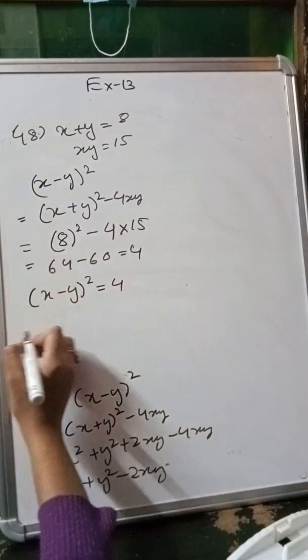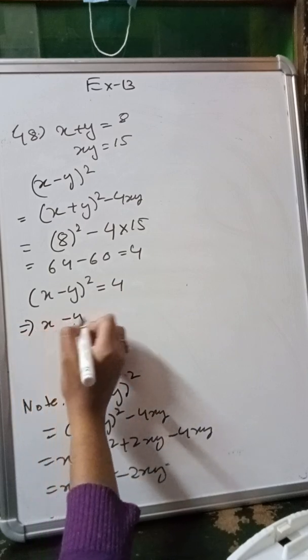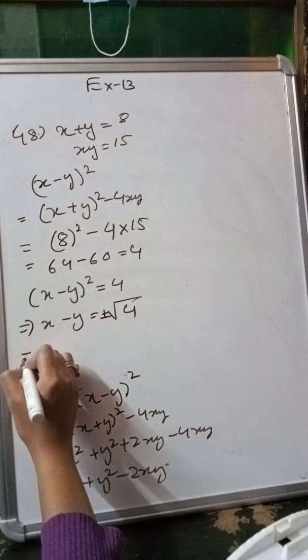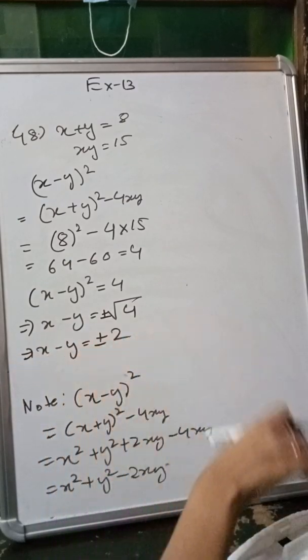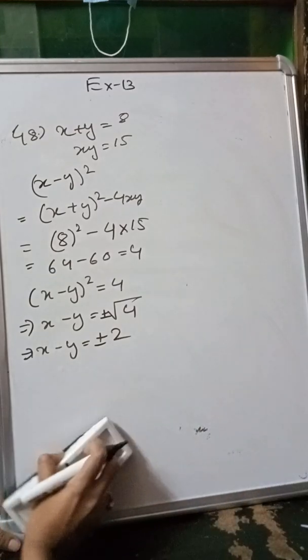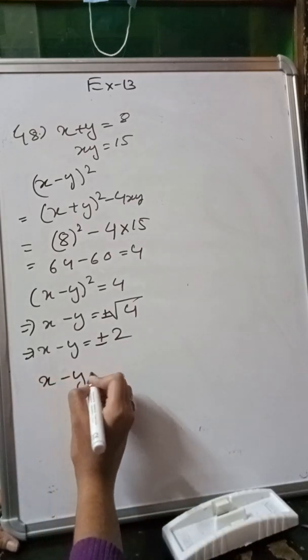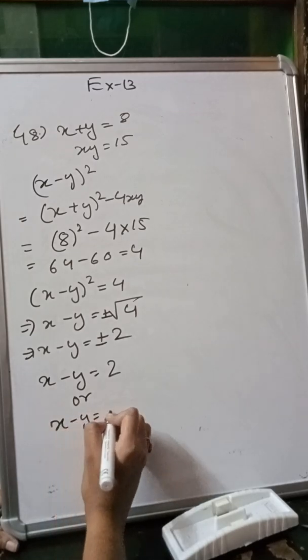Now if x minus y whole square equals 4, then x minus y will be plus minus root 4. So x minus y can be plus minus 2. So x minus y can either be 2 or minus 2.